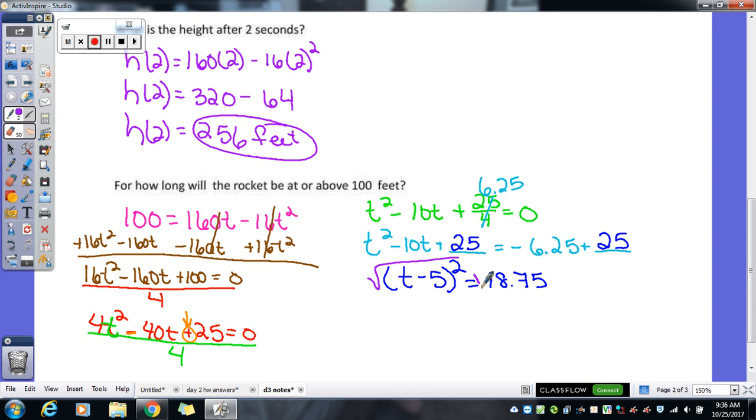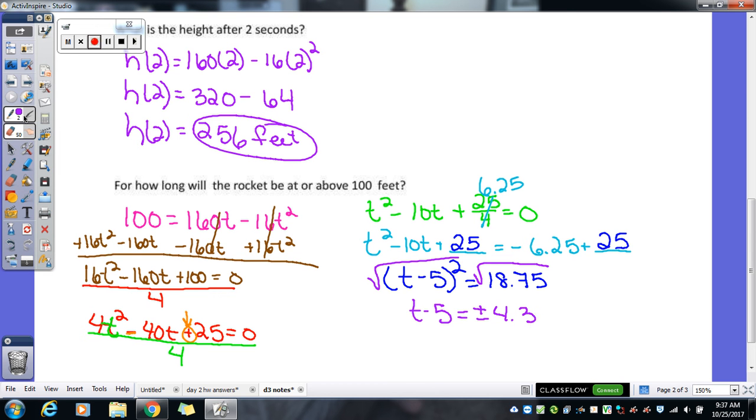So now we'll take the square root of both sides. So let's get the decimal for the square root of 18.75. Is that what we get? 4.3? Okay, so we'll go with just that one.